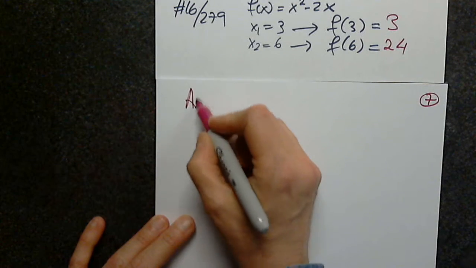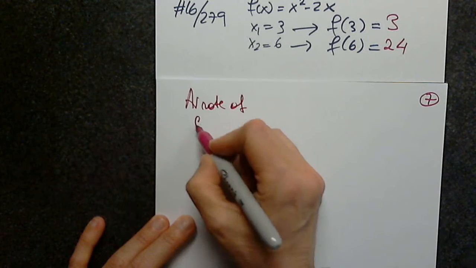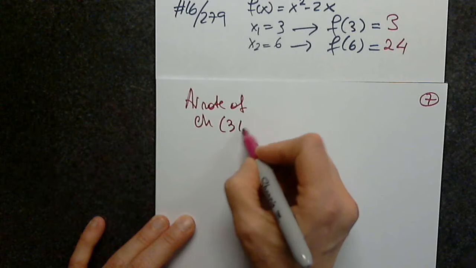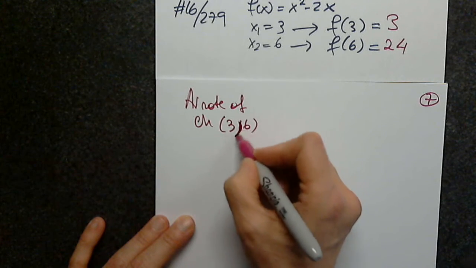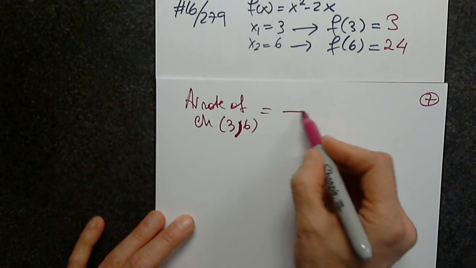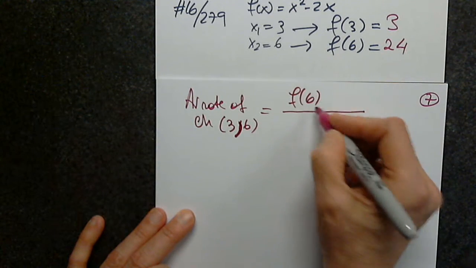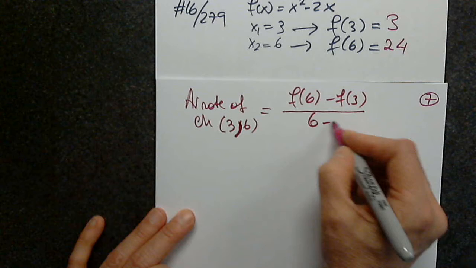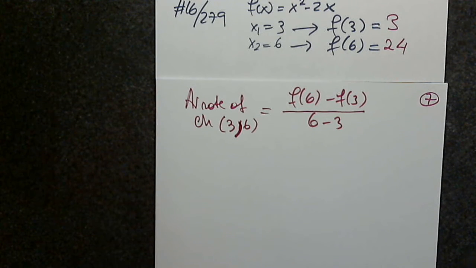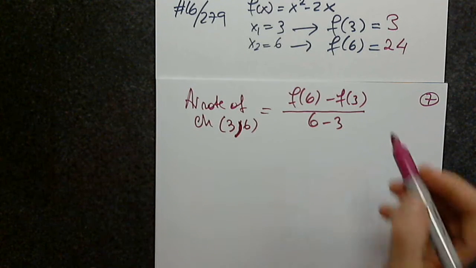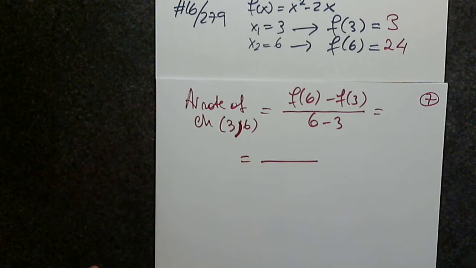So the average rate of change between 3 and 6 is, can anyone dictate? I should write f of 6 minus f of 3 over 6 minus 3 for everyone to see the formula. And now let's replace them. Don't calculate anything.